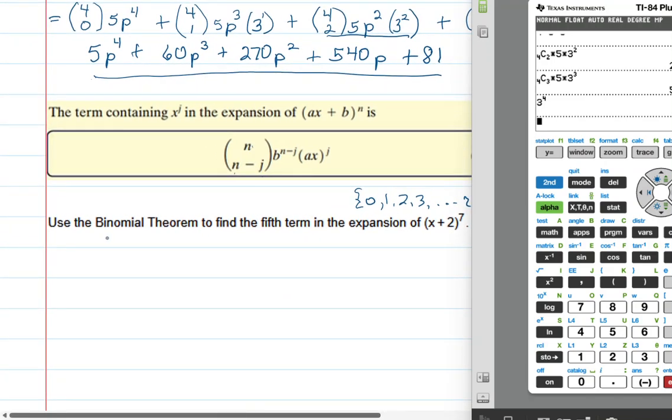So our terms are minus 1. If they want the fifth, then it's 5 minus 1, the fourth, because 0 is one of them. Okay, so we're going to have our 7, how many? And we want 4. All right.